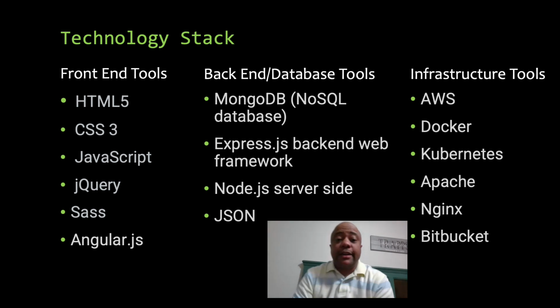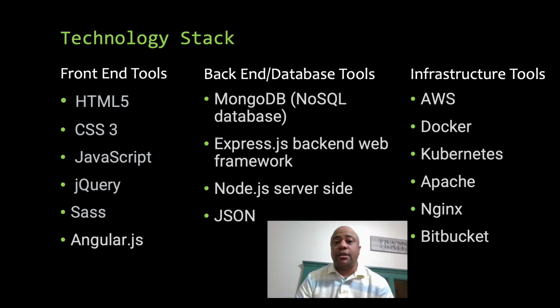The technology stack that the team used in order to create this application is pretty extensive. For the front end tools, we use HTML5, CSS3, JavaScript, jQuery, Sass, and Angular.js.